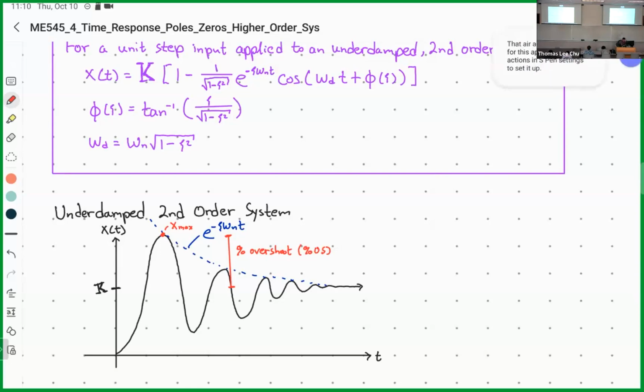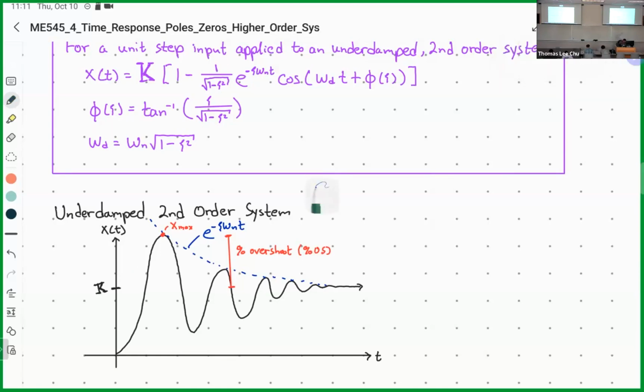All right, the next one I'm going to define is the settling time. In our first order system, settling time is defined as the time it takes for our system to be bounded within 2% of the final value. It's the same definition here, but since this is oscillating, it's going to be plus or minus 2%. I'll do that in a different color.